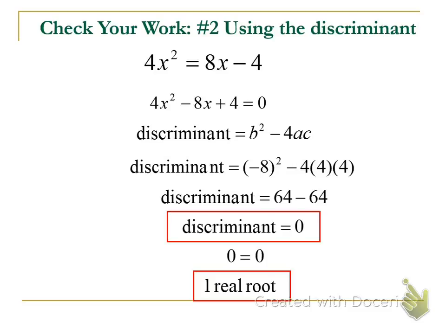So negative 8 squared minus 4 times 4 times 4. Well, negative 8 squared is 64, and 4 times 4 is 16, times 4 is 64. So for the discriminant, we have 64 minus 64, which is 0. And if the discriminant equals 0, we know there's only one real root. So there's one real root for that quadratic equation.